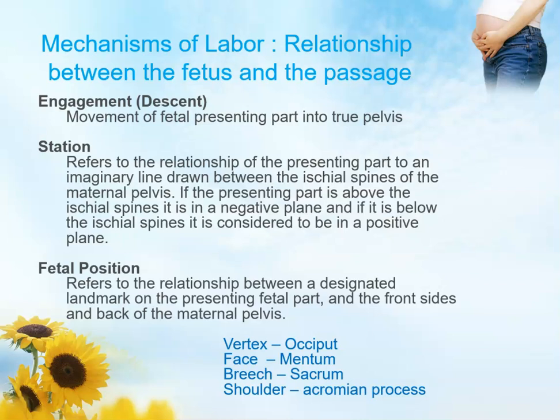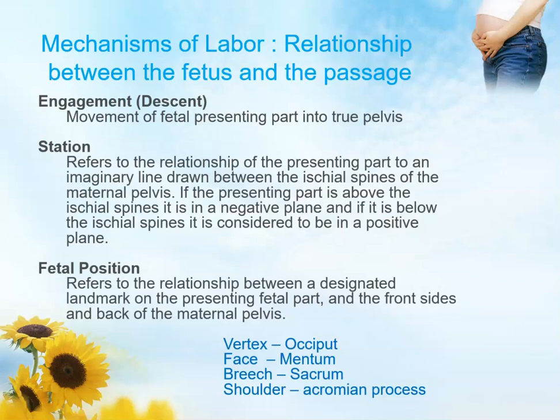The station refers to the relationship of the presenting part to an imaginary line drawn between the ischial spines. So mom has an ischial spine on each side of her pelvis, and there's an imaginary line. If the presenting part is above that imaginary line, it's in a negative plane. If it's below the ischial spines, it's considered to be in a positive plane. So we're going to need to know that.